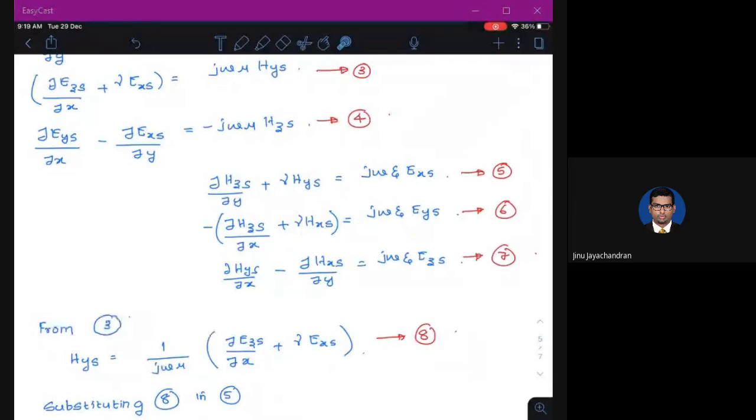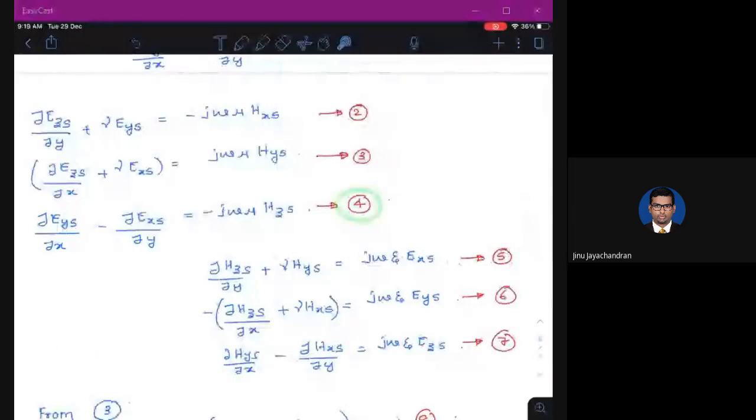Similarly, from equation number 4, you can derive an expression for Ezs by moving this to here, and if you substitute that in this expression, you will get an expression for Hys.